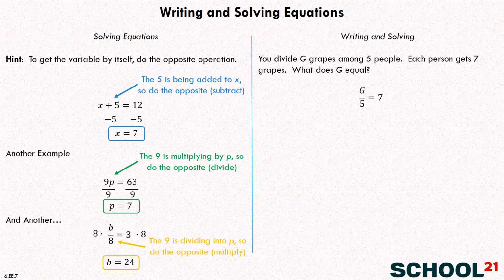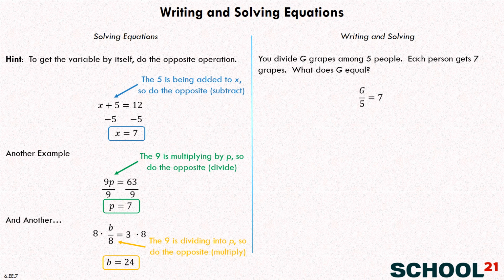So the first one is: you divide G grapes among 5 people. Each person gets 7 grapes. So what does G equal? The hardest thing about these, I don't know about you, is translating the words into math. Is that what you find hard? Yeah. I think everybody does.